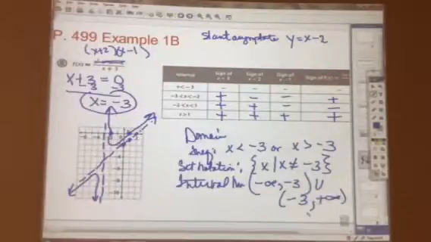And we're not even going to do the range when we have a slant asymptote. Any questions on that one? Okay, we're going to move right along to page 500, your turn, number 6.